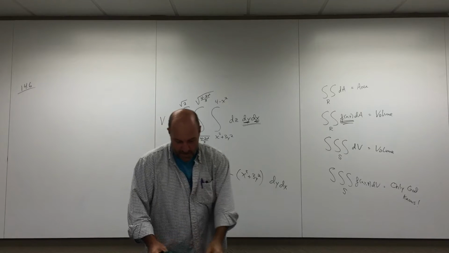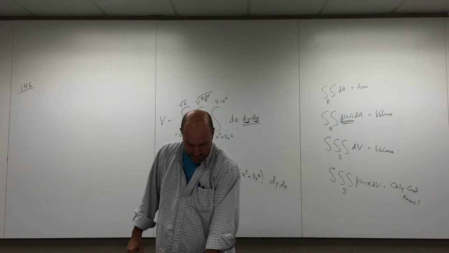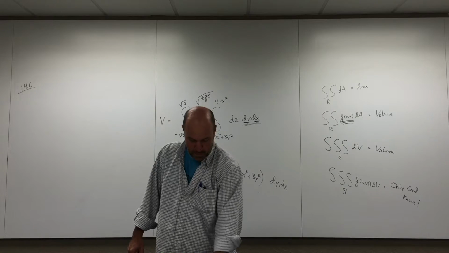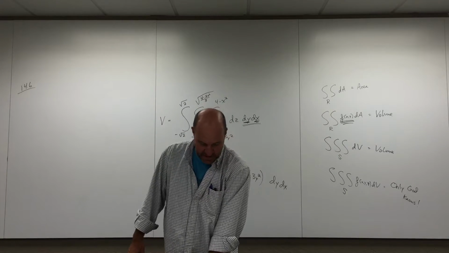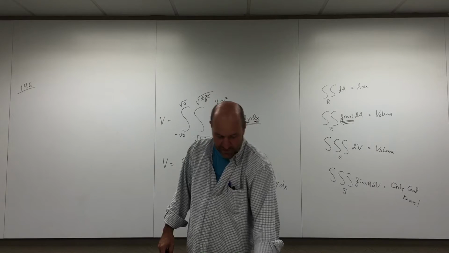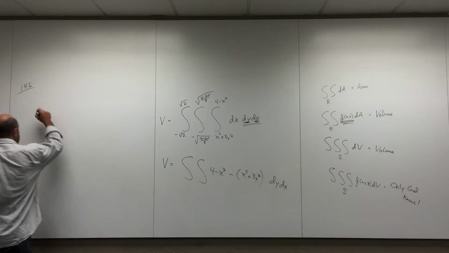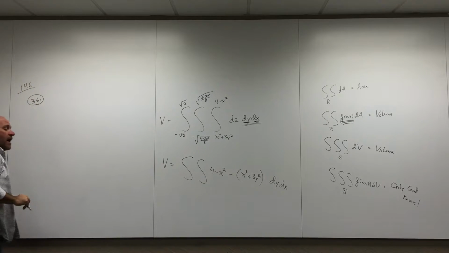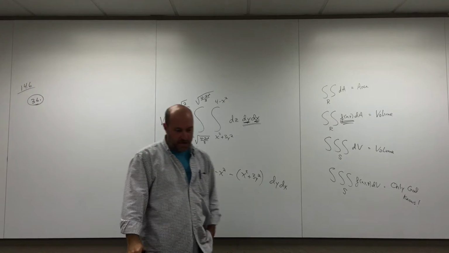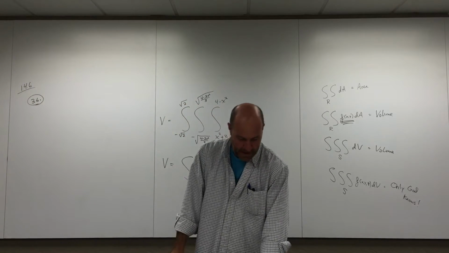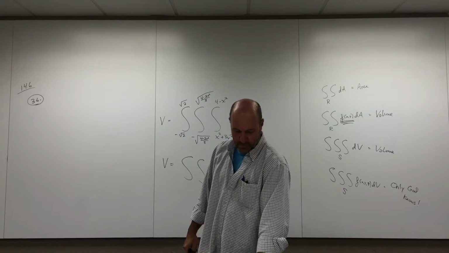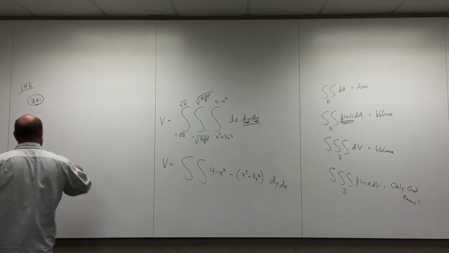Here's one of the challenging problems. I'm going to do this 36, and I don't know how much of this I'm going to do. But in 36 in 14.6, they give me this picture.